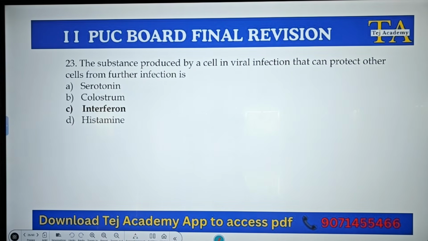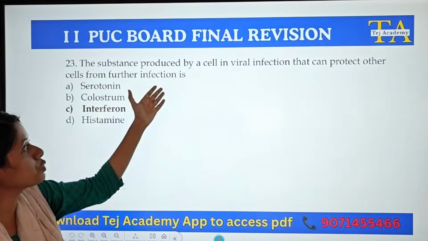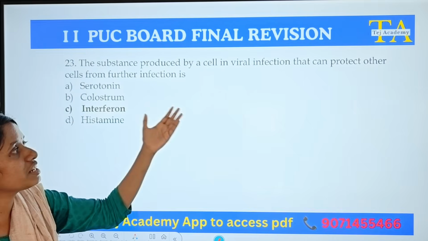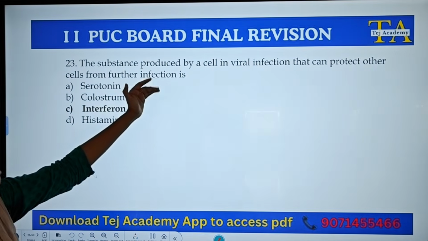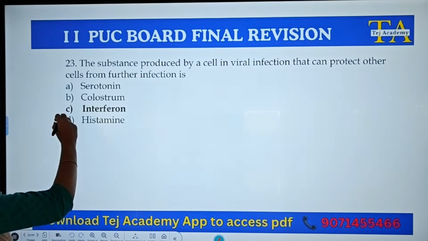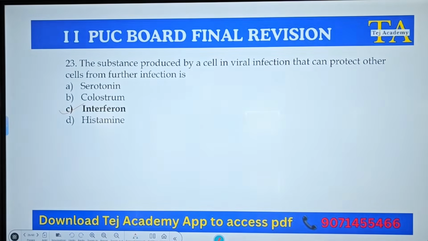The next question is, the substance produced by a cell in viral infection that can protect other cells from further infection is, answer is interferon.